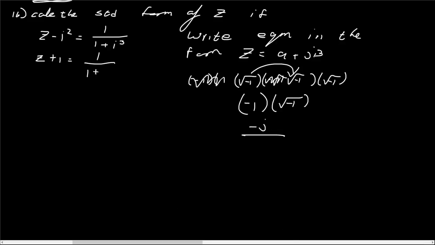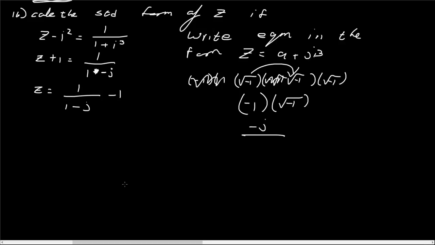So we've already simplified that. This becomes 1 minus j. Next, let's take this one across and get z by itself, which is what we want. So z equals 1 over 1 minus j, minus 1.